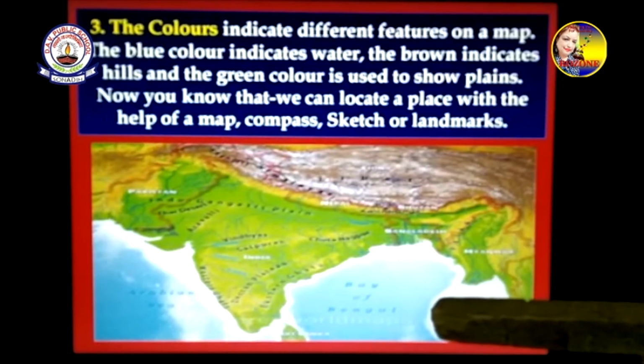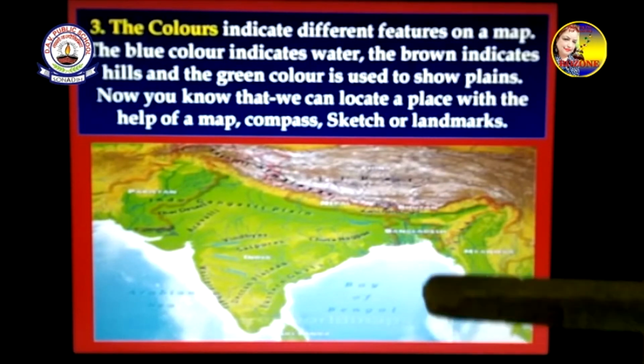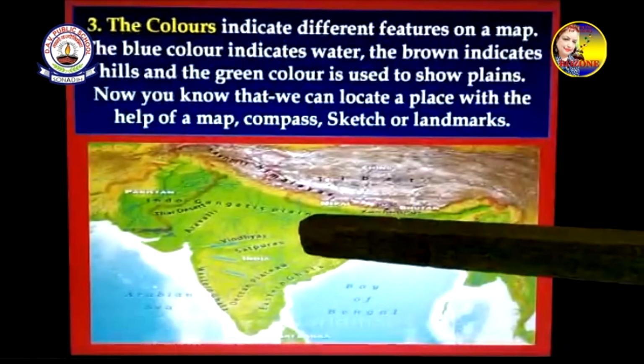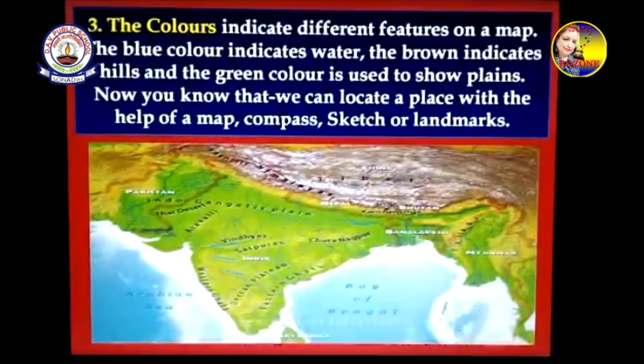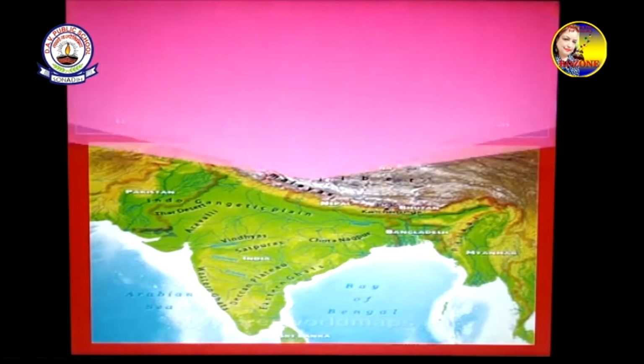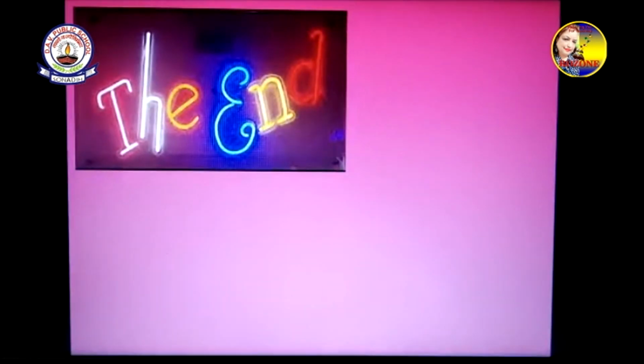Blue color means water body, green color means plains, and brown color means all this area is having what? Hills. So I am sure you have understood this, children, very well, and you will be able to find the directions wherever you go. So this is the end of the lesson, children.